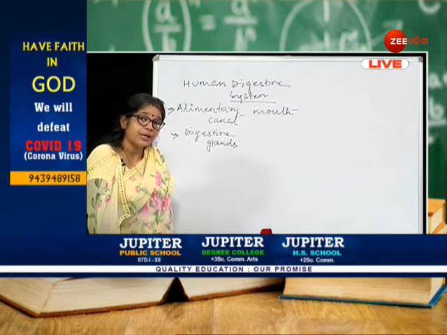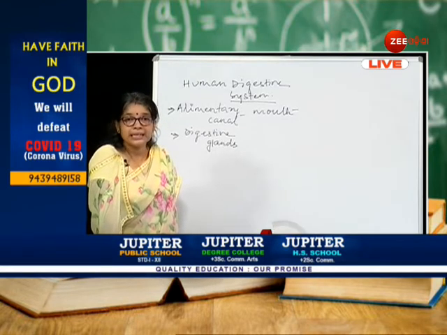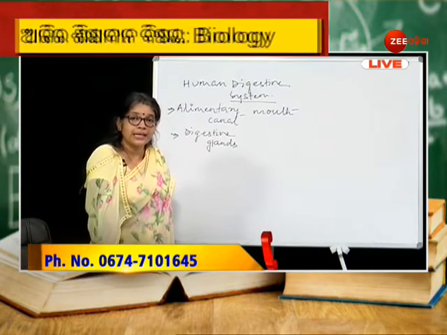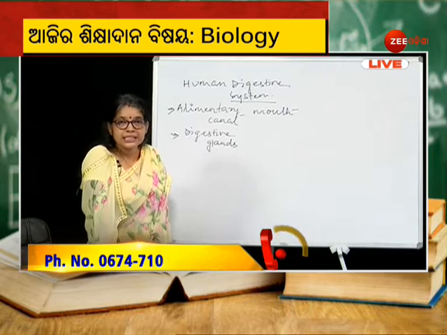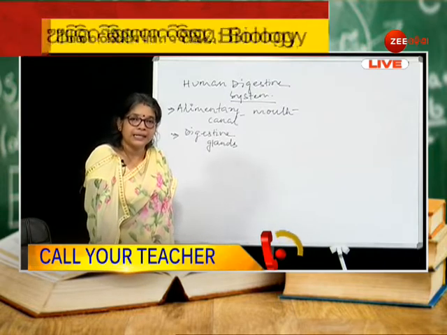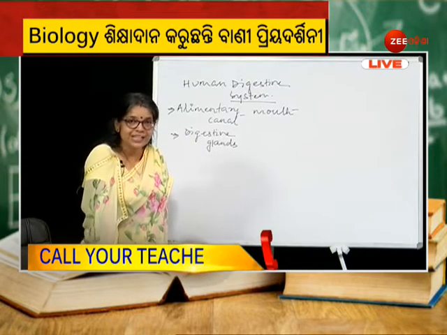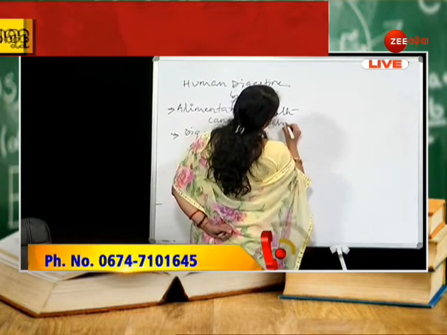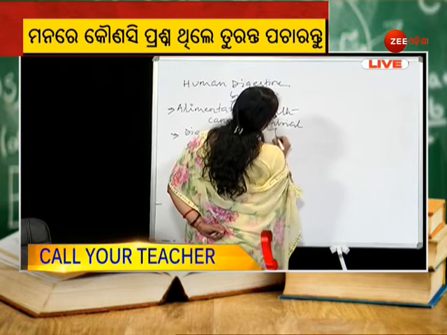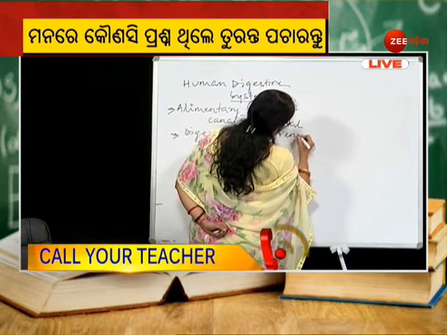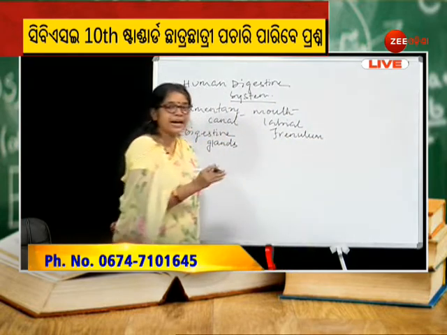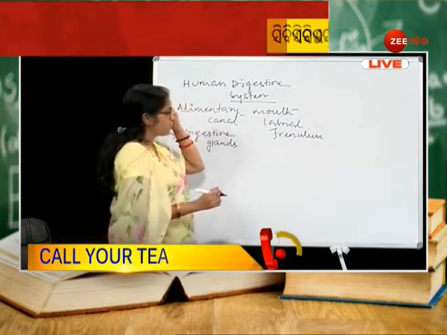When we rotate our tongue in between the lip and the jaw, we can find an attachment, and that attachment is known as the labial frenulum. So the labial frenulum is the attachment present in between the lip and the jaw. So this is about the mouth.